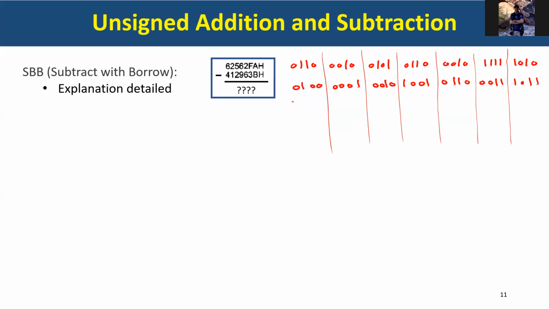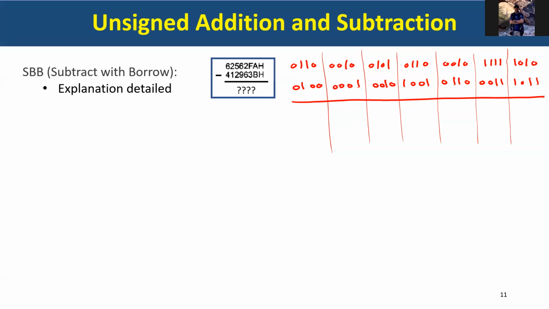And it will be long, and I'm gonna do the subtraction without the 2's complement. I'm gonna do direct subtraction, which is of course equivalent. We just need to understand the idea behind SBB, or subtract with borrow. So let's do the basic subtraction to understand the concept of borrow.